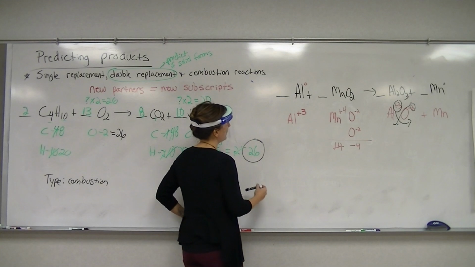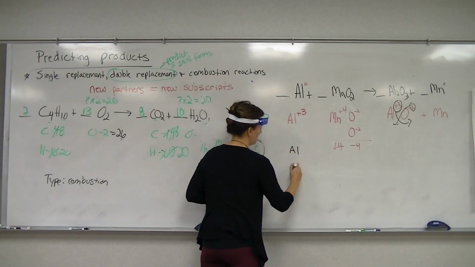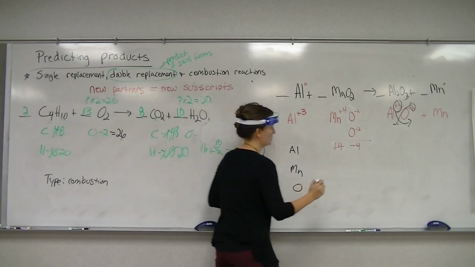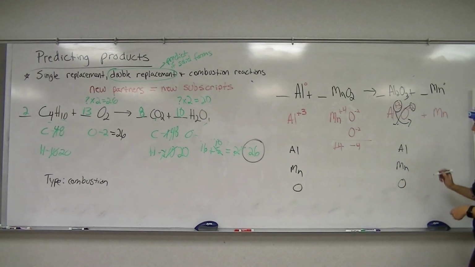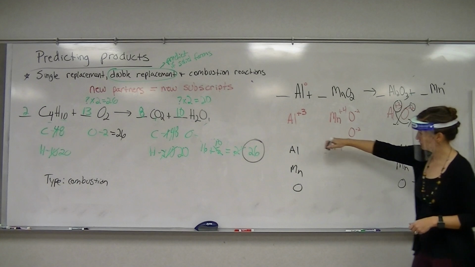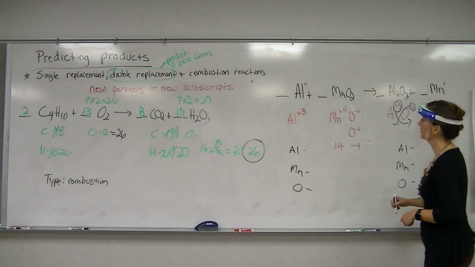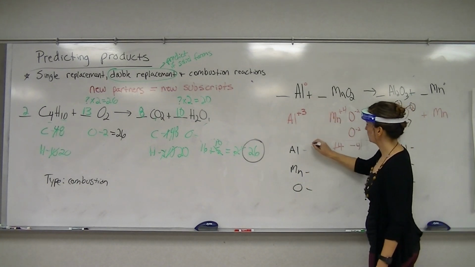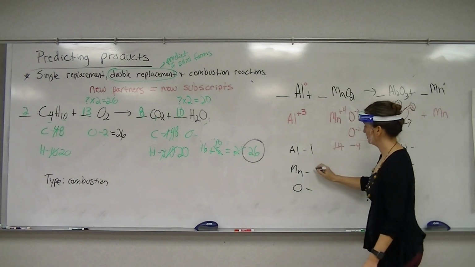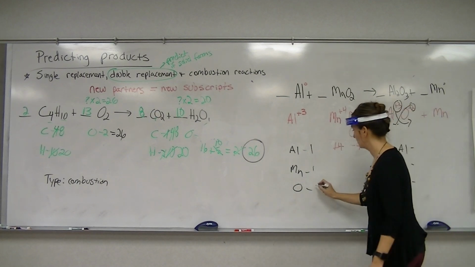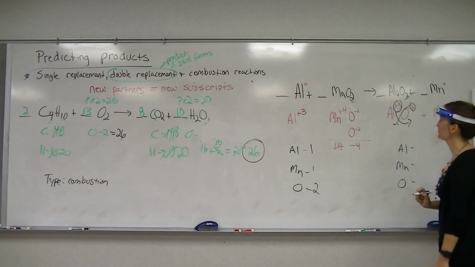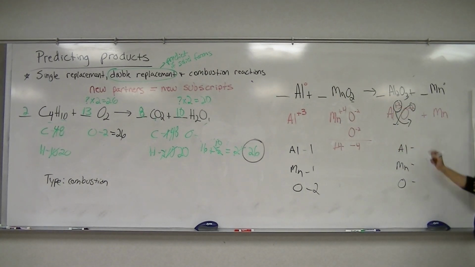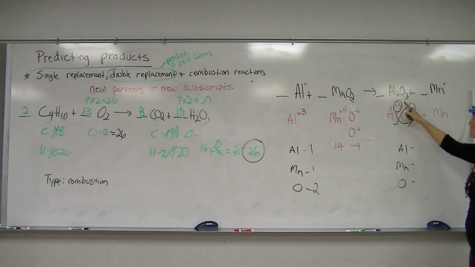So anyone still needs that? So we have aluminum, manganese, oxygen, aluminum, manganese, oxygen. Let's write how many we have of each. So this is the balancing part. Aluminum is just 1, manganese, oxygen, got the subscript, 2. Product side, aluminum, how many?